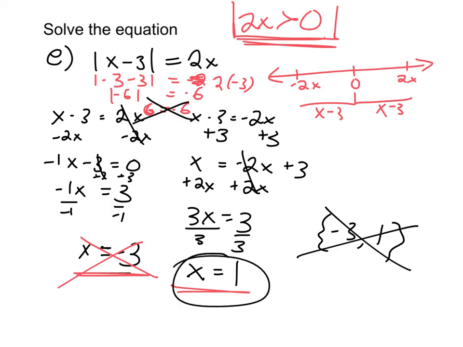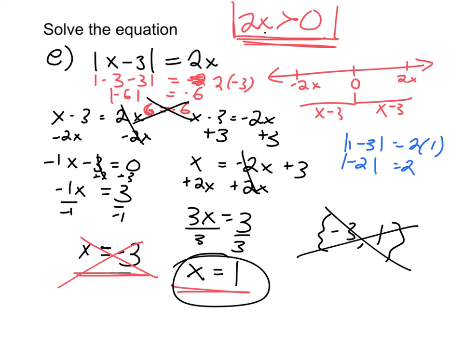All right, check the criteria for this one. 2 times 1 is greater than 0. True. Okay? And you can double check. If we were to plug in 1, we would have 1 minus 3. The absolute value of that equals 2 times 1. 1 minus 3 is negative 2.